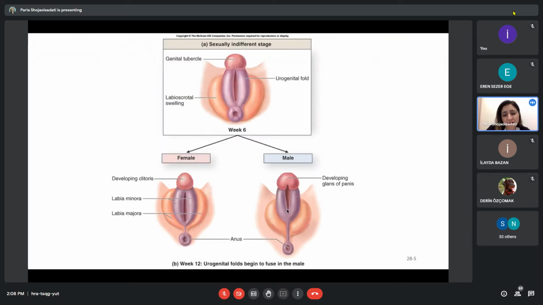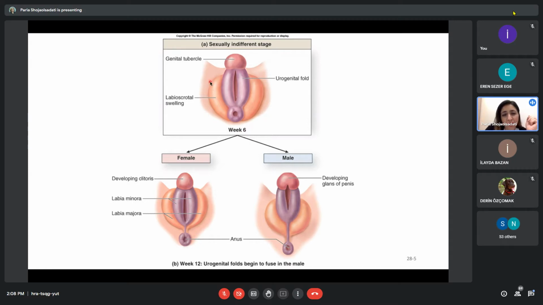In the 6th week of pregnancy, the embryo inside the mother's uterus has the same structure in both genders.